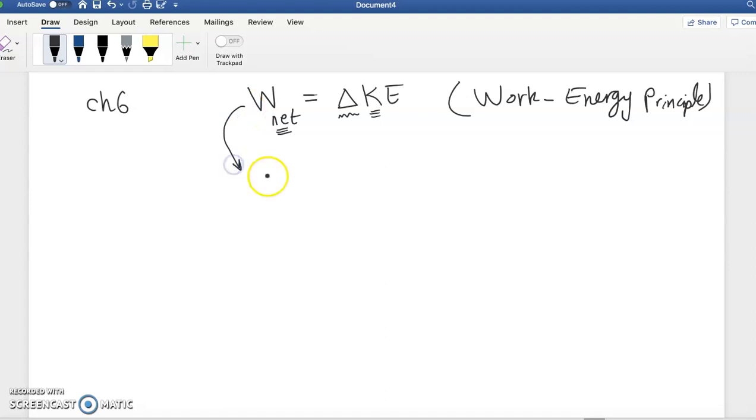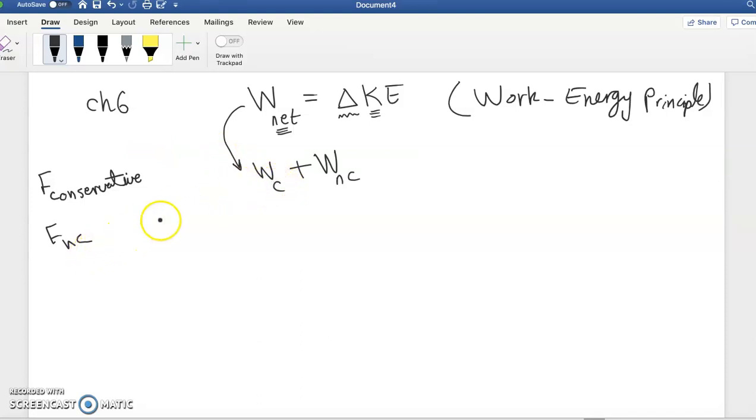What is the net work? It is the work due to all kinds of forces on the object: the conservative forces plus the non-conservative forces. The conservative forces will produce conservative work.